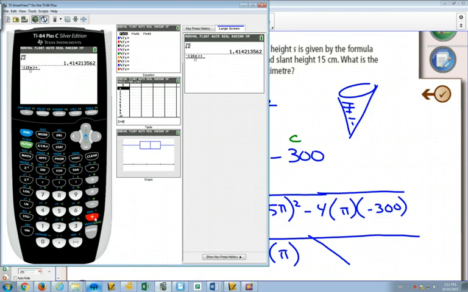So I'm going to start with my plus, the square root of bracket 15 pi bracket squared minus 4 times pi times negative 300, all over 2 pi. You can type that in all at once and push enter.